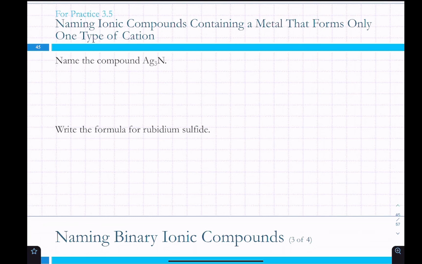But does silver form more than one charge? Yeah. It does not. It just does 1+. So we don't have to worry about Roman numerals or saying like ferrous, ferric, that kind of thing. So we just write silver. And then the ending of nitrogen needs to change to IDE. So nitride.